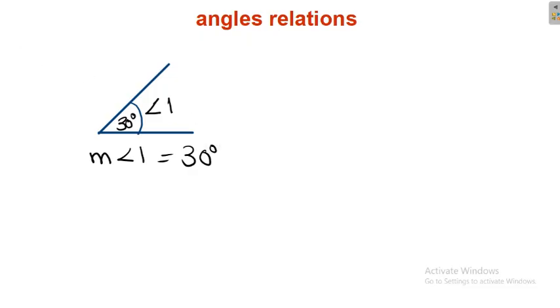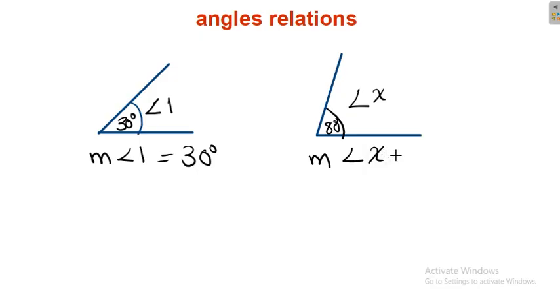Another one, if you have another angle, this angle named x, and the measure is 80 degrees. Then we write it as m for measure, m angle x equals 80 degrees. Okay?